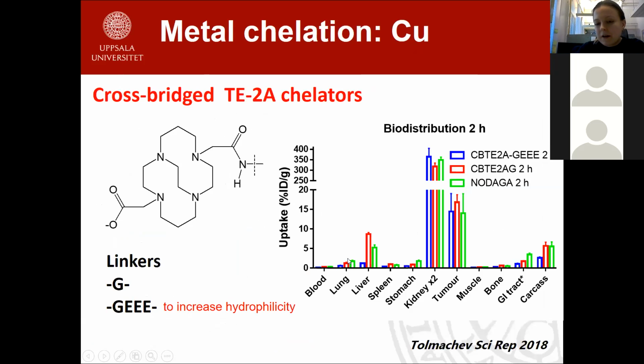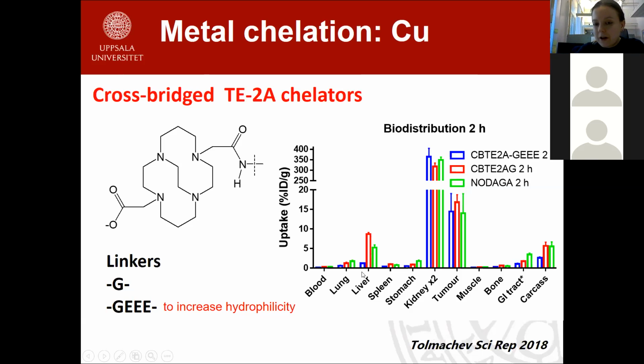So then the second study that was done recently introduced some modifications, negatively charged residues of glutamates. They have negative charge, so if you remember, when we increase the negative charge, we increase the hydrophilicity, so we decrease uptake in normal organs.